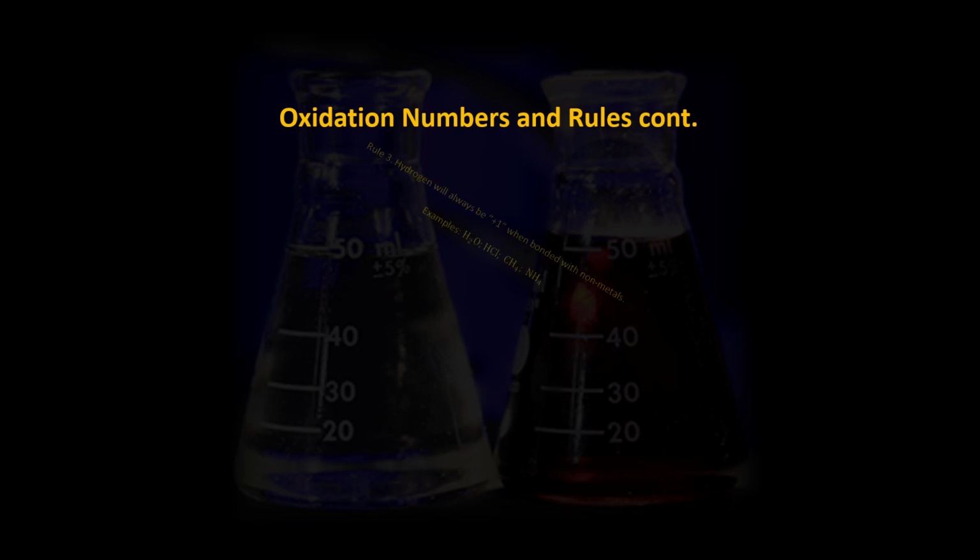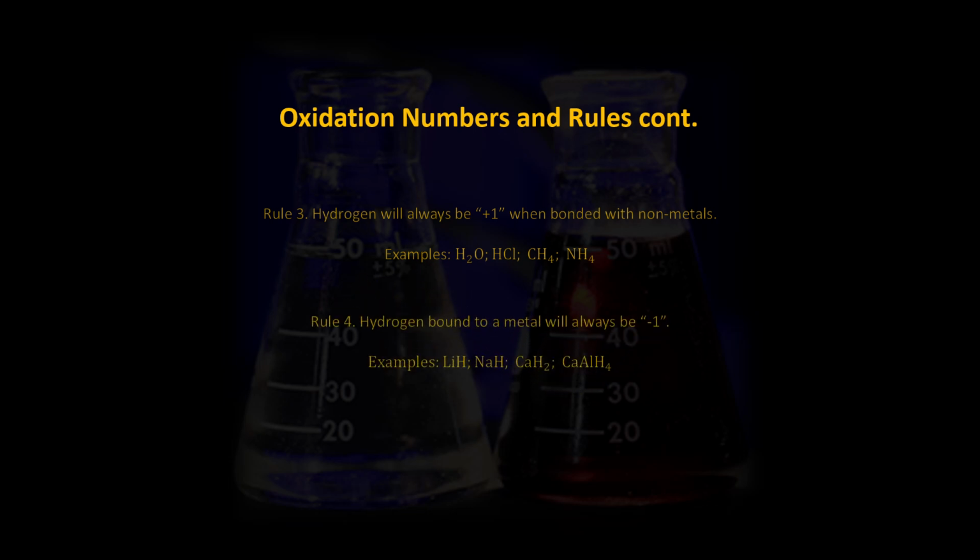Rule number 3 simply states that any hydrogen atom that is bonded ionically with a nonmetal atom or polyatomic ion, such as methane and ammonium, will always have an oxidation number of +1. However, rule number 4 states that any hydrogen atom that is bonded covalently to a metal element will have an oxidation number of -1.